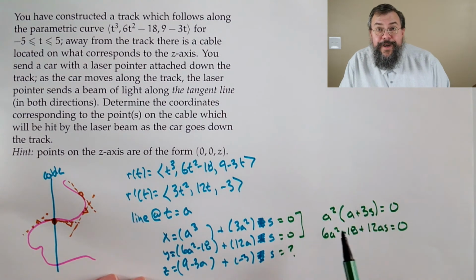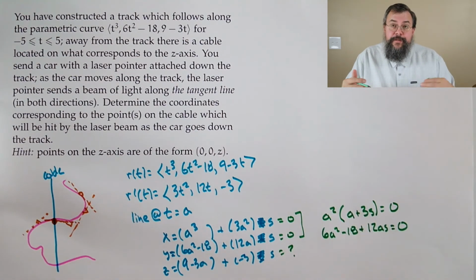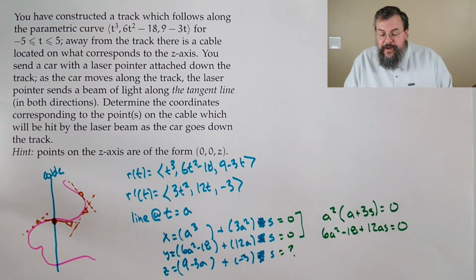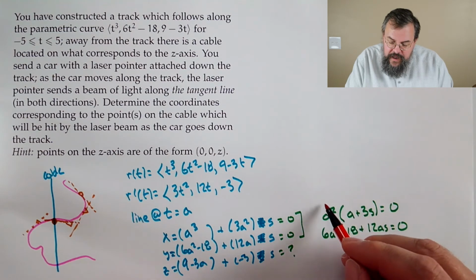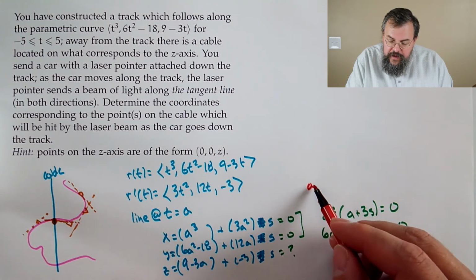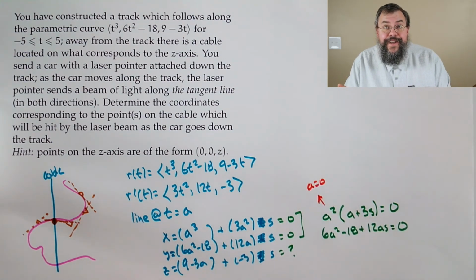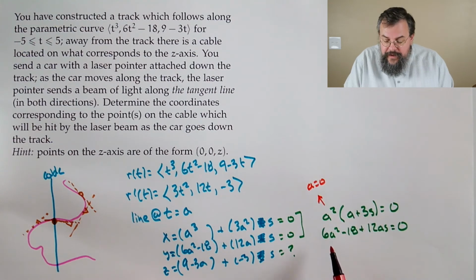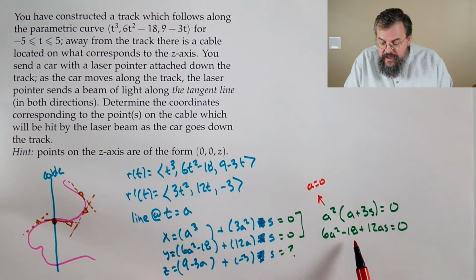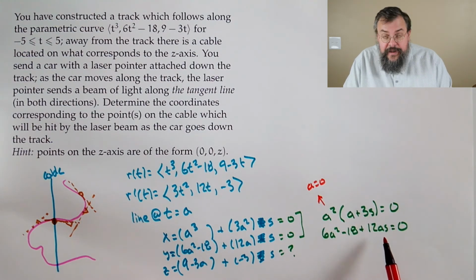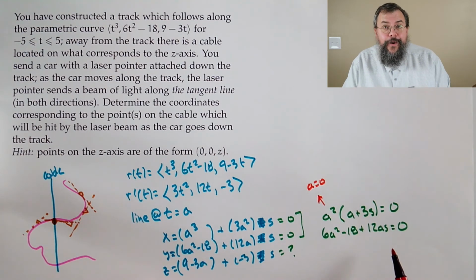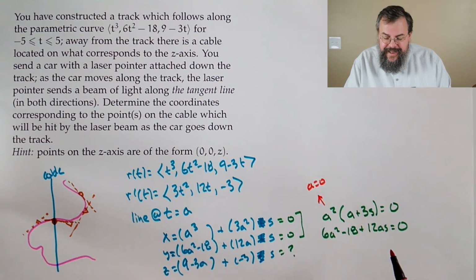Let's look at our first equation. A squared times a plus 3s equals 0 says there's really two possibilities. And what are they? Well, one possibility is that a equals 0. Okay, let's check. Does that work? 0 minus 18 plus 0. Does that equal 0? No, it equals minus 18.